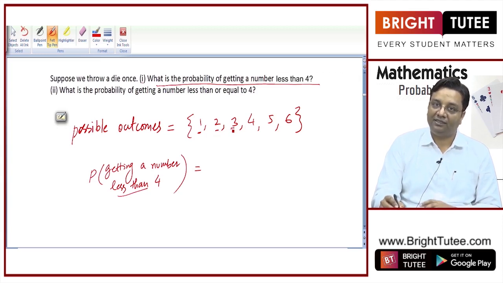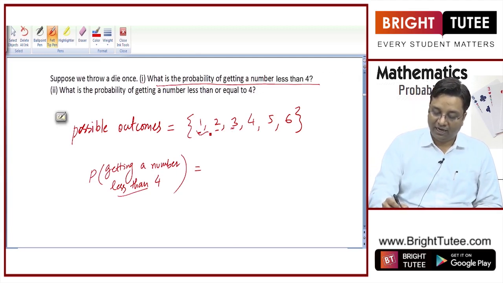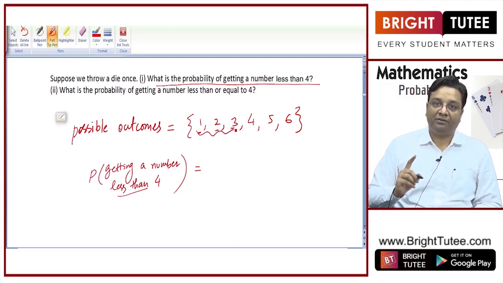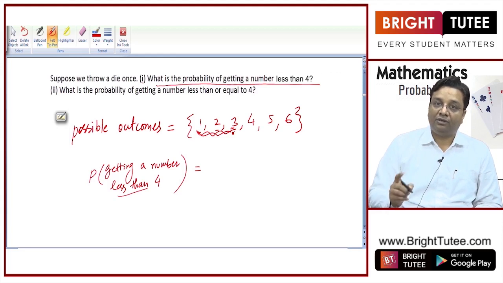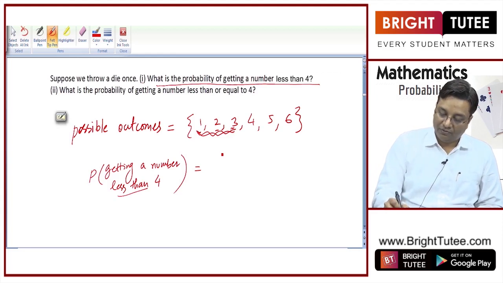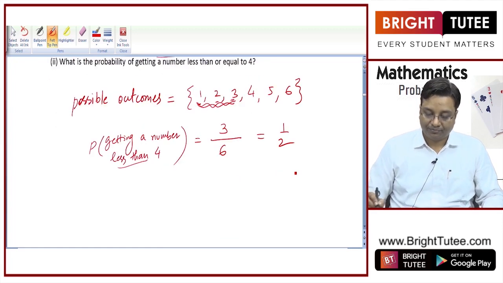If you get 3, it is again a favorable event, because 3 is also less than 4. So, these are the only favorable events, because we are talking about less than 4, right? So, we cannot include 4 in it. So, these 3 outcomes are the favorable outcomes. So, favorable outcomes 3 divided by total number of outcomes, which is 6. So, 1 by 2 is the probability of getting a number less than 4.